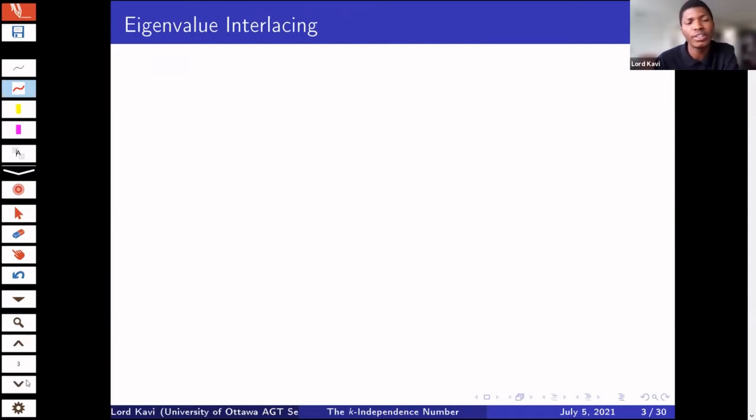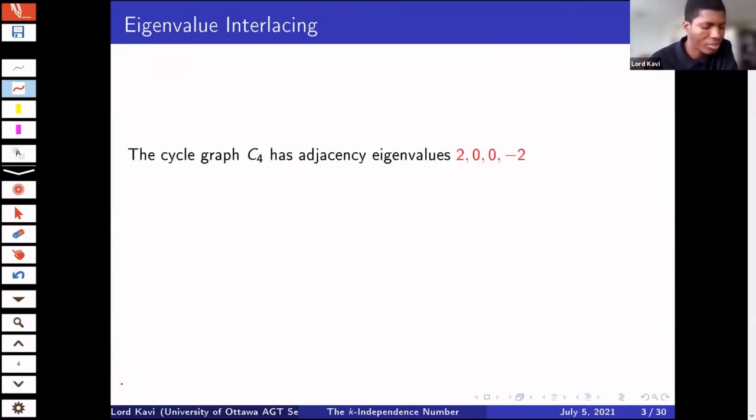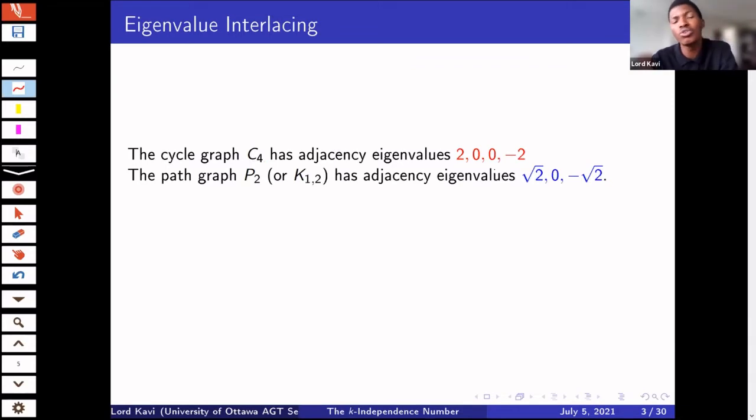First of all, let me start by explaining with an example. Let's consider the adjacency eigenvalues for the cycle graph on 4 vertices. This is 2, 0, 0, and minus 2. If we also look at the adjacency eigenvalues of the path graph on 2 vertices, that's root 2, 0, and minus root 2.